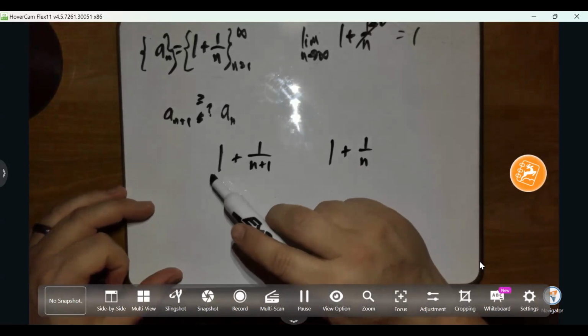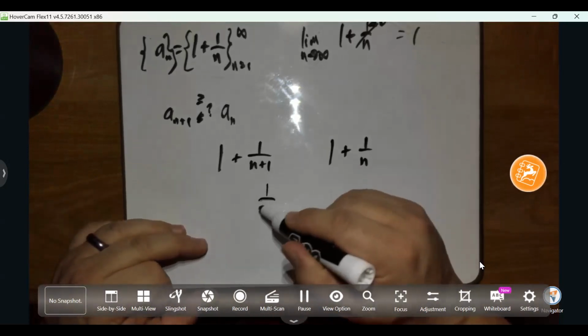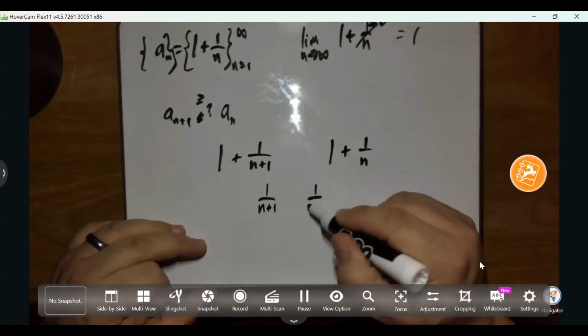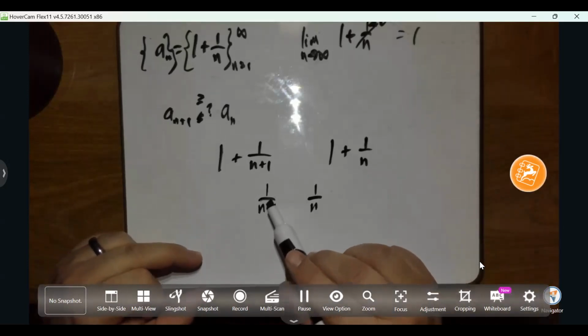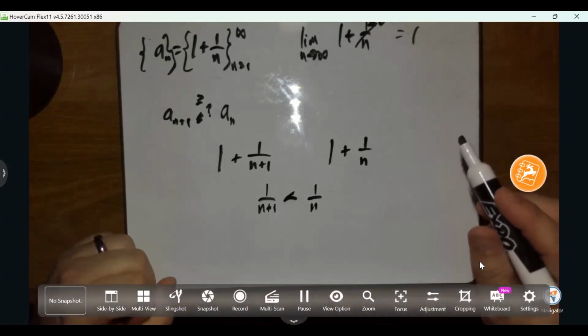If I subtract 1, I'm comparing 1 over n plus 1 to 1 over n. And of course, as this number gets larger, since I'm dividing, this is always going to be smaller.